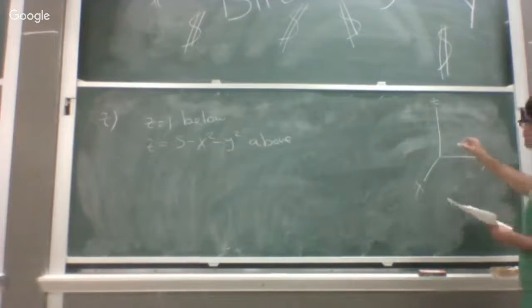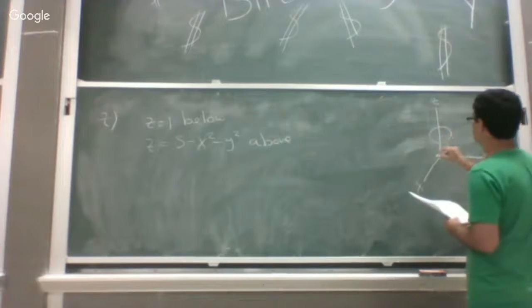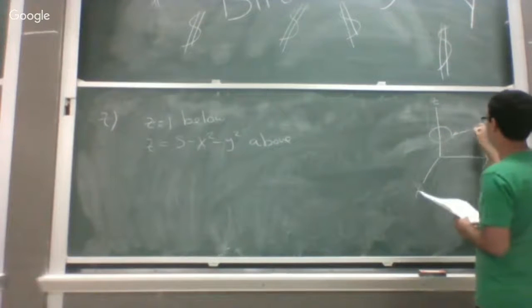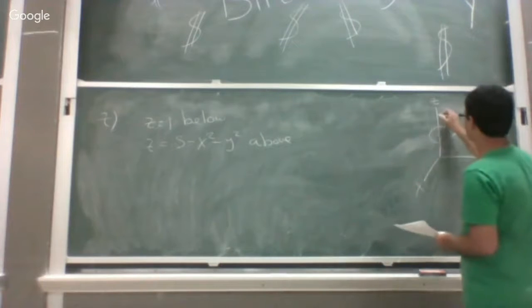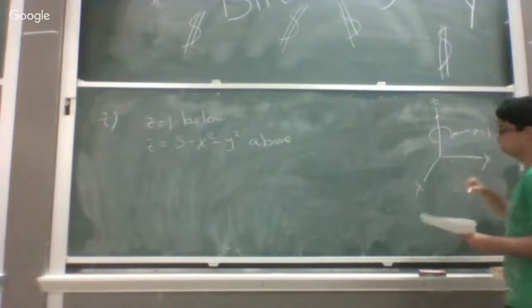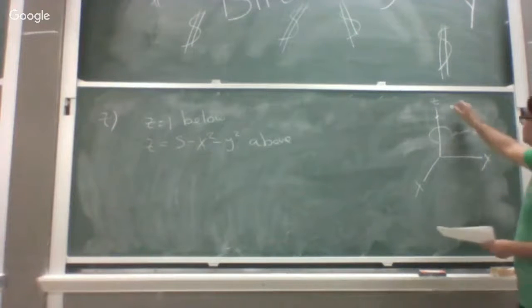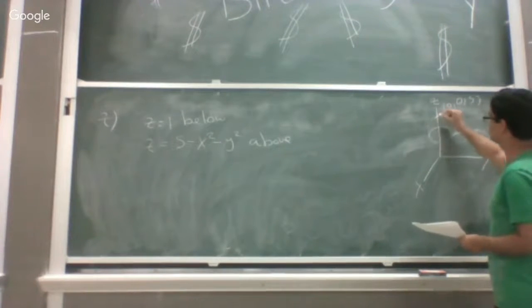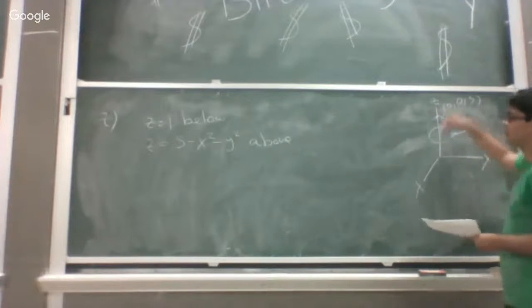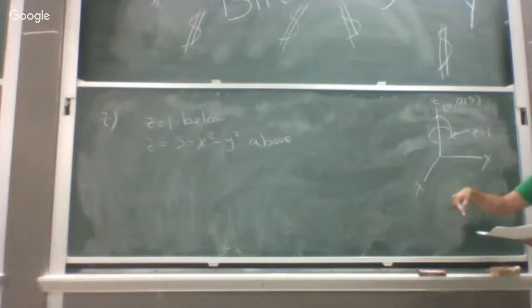So we know there is a circle essentially where z is equal to 1. Well, that's like a plane. We know it's a circle because of the paraboloid where the height of it is 5 when x and y are 0. And then it's essentially circles getting bigger and bigger as you go down, right?